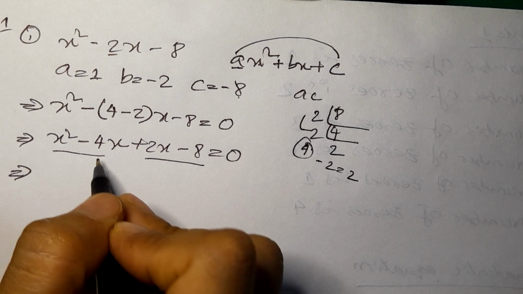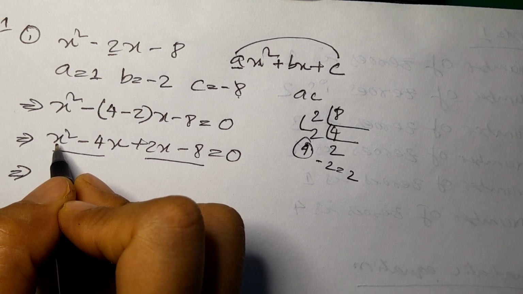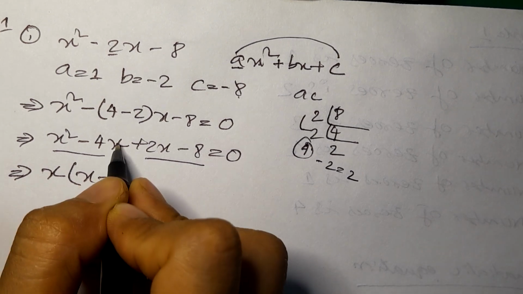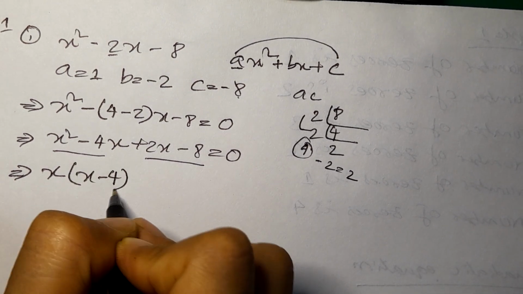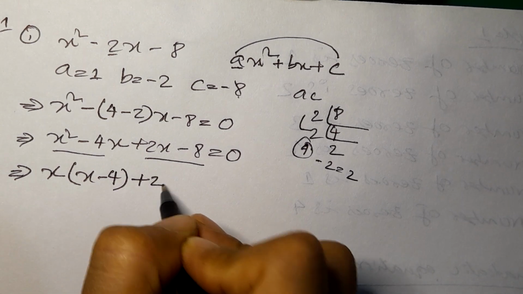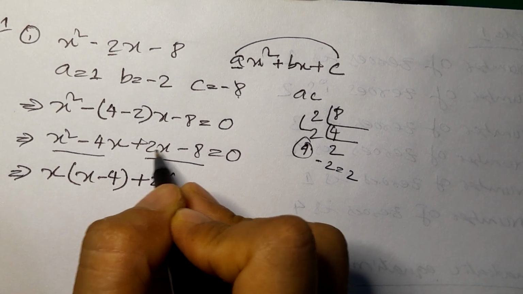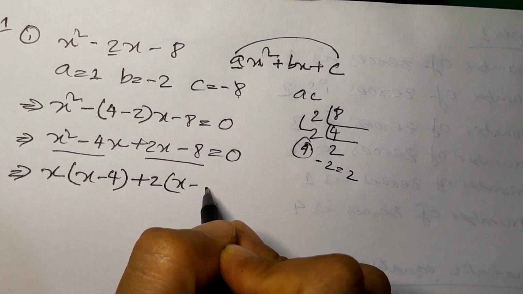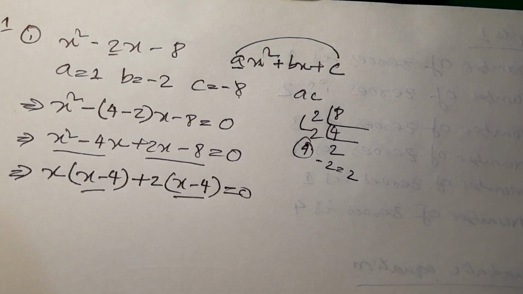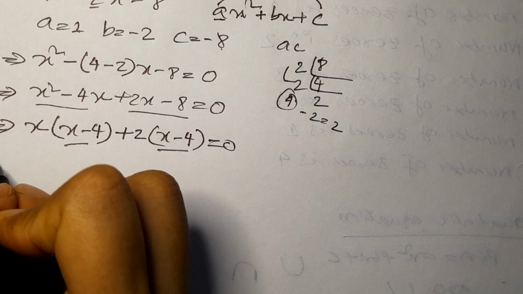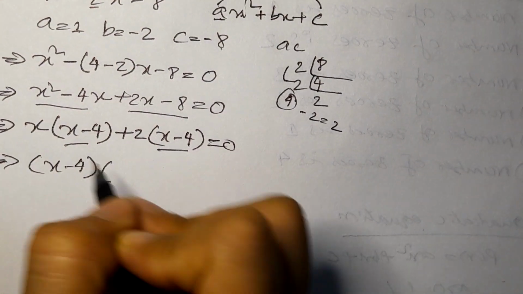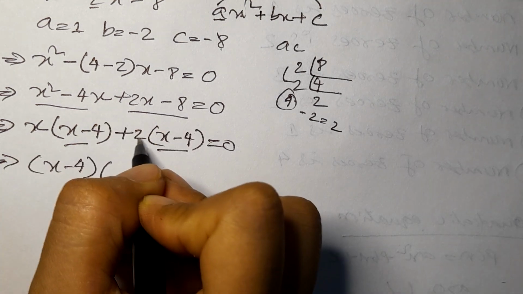Here x square means you have x, so take x. Another is x minus 4 remaining. Now from here take the 2. If you take the 2, it will be x minus 4, 2 into 4. These two have to be always the same. So now which one is the same? Write it first, that is x minus 4.